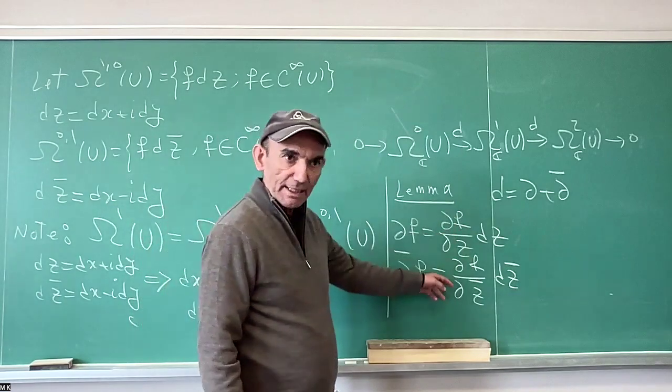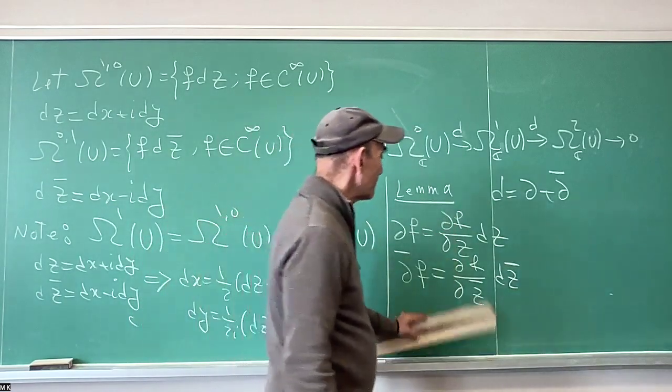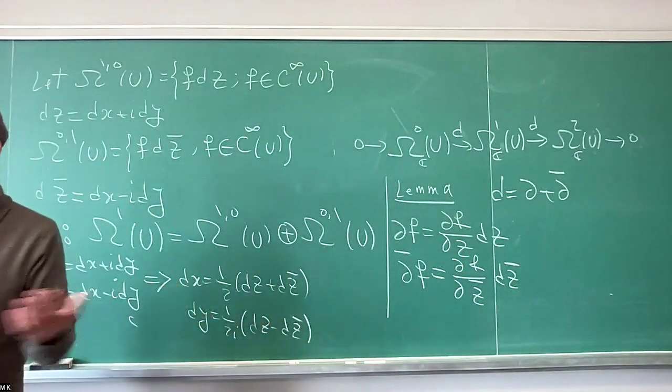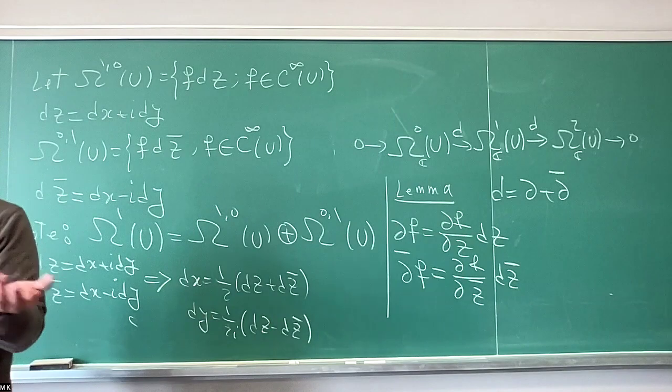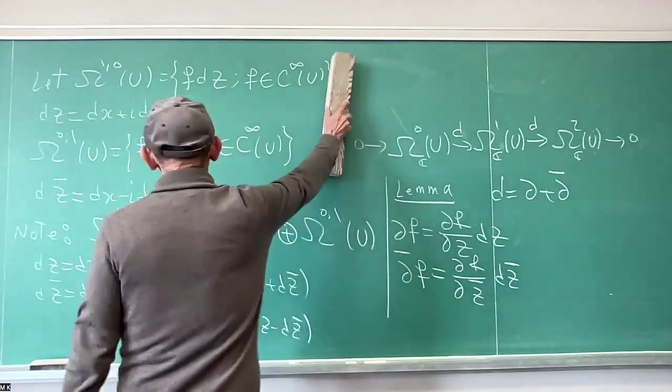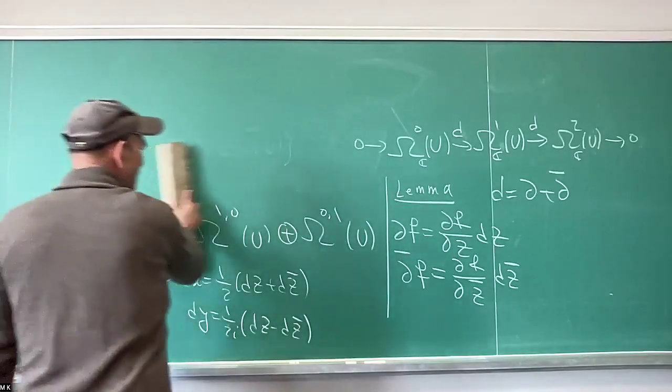Now, what is df/dz? I already defined it. You can just say this is the simple complex derivative with respect to z, but let me also define it in an alternative way.